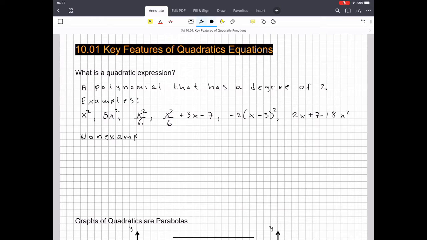Let's look at some non-examples now. We're going to look at examples that are not a polynomial, and the reason why they're not quadratic expressions. The example of 1 divided by x plus 4 is not a polynomial because we can't divide by variables or have negative exponents.